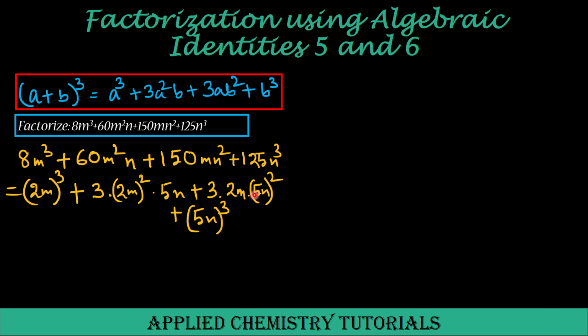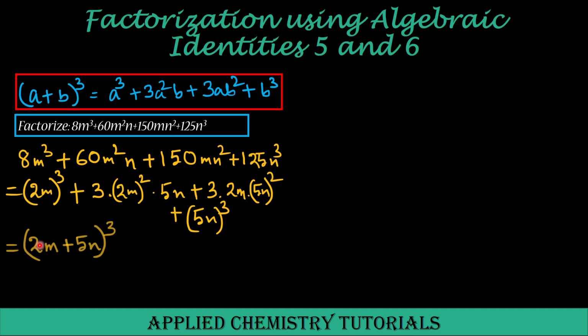So we can see a clear similarity with a cube plus 3a square b plus 3ab square plus b cube, where a equals 2m and b equals 5n. So we can put it in the (a plus b) whole cube format.